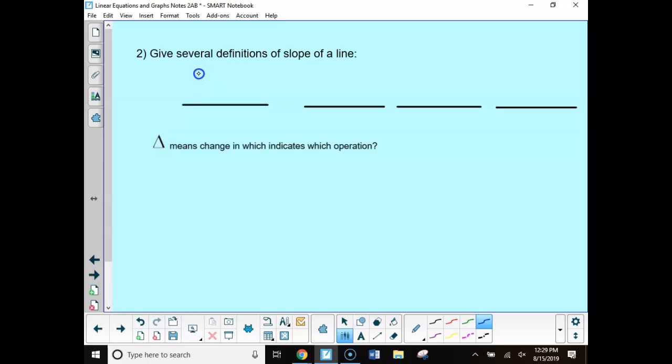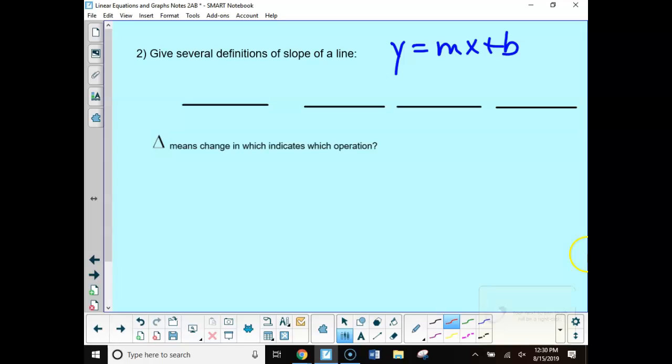All right. Slope. Tell me some things you know. Is this a definition of slope? Yes. This is actually, part of that is the slope, right?